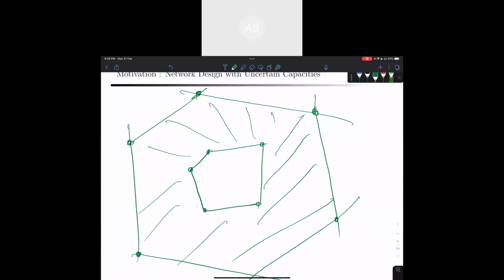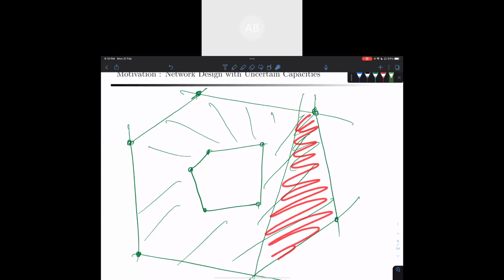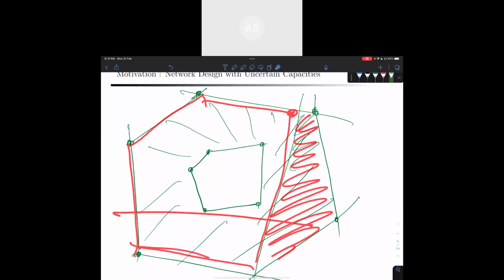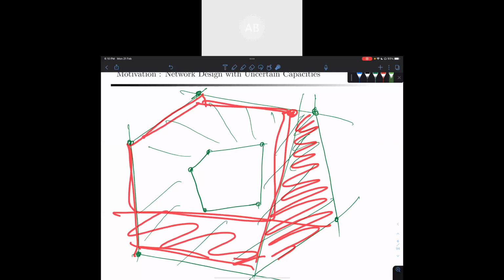Because you're working in branch and bound, you're working with improving your lower bounds and upper bounds. One way to improve lower bounds is if you can chop off the solution space. If you were to only restrict this part, your lower bounds are going to be better because you're working with a smaller relaxation. If you can chop off this as well, you're going to be working with a much smaller set, so again, a better bound.